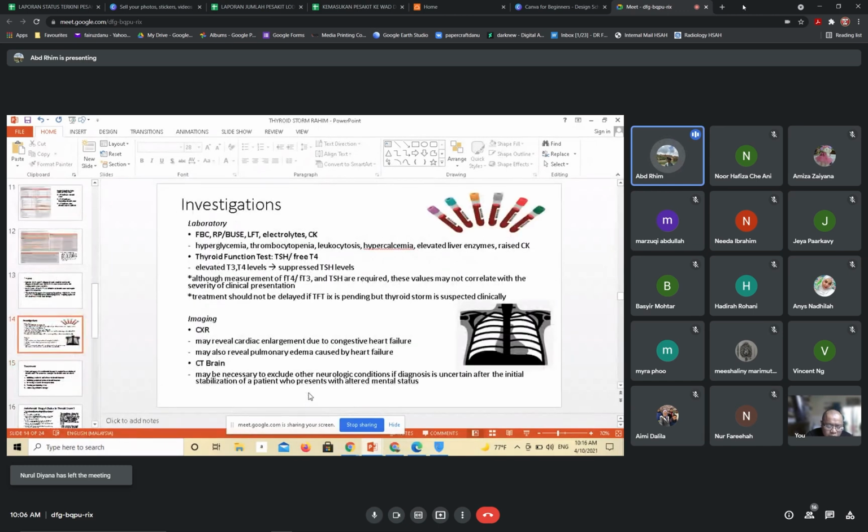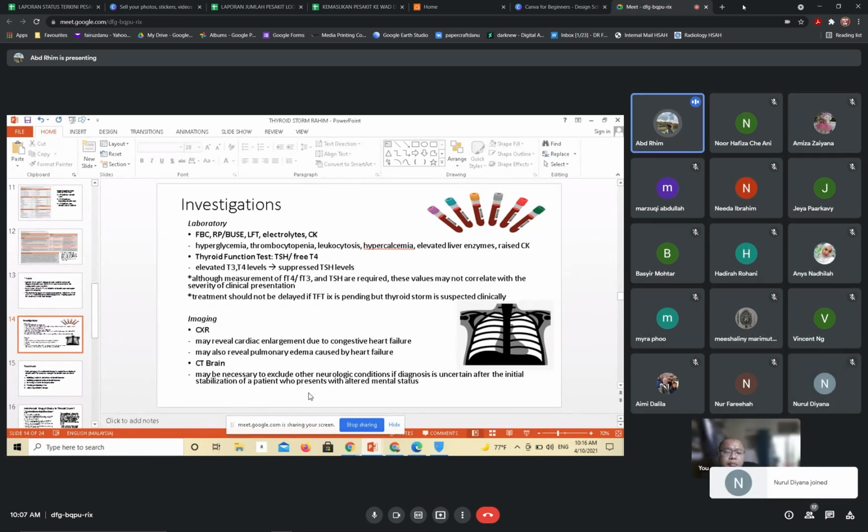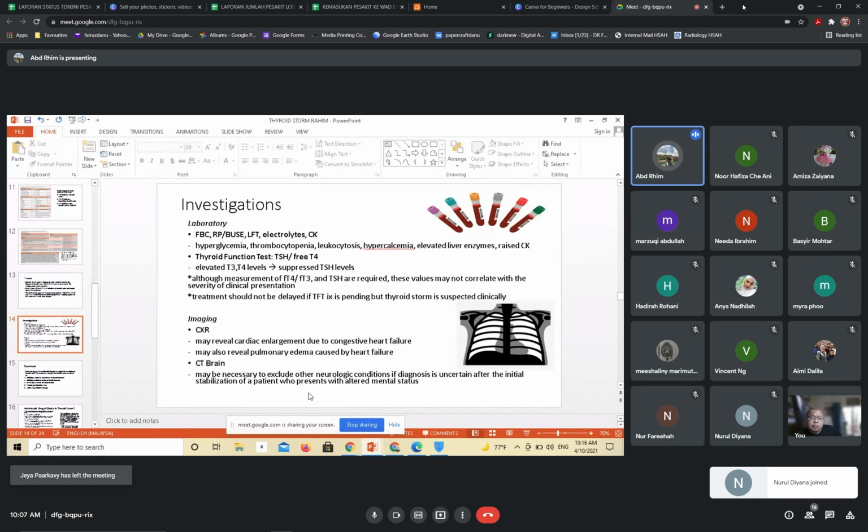So if a patient presents with suspected thyroid storm, the investigations include laboratory investigation and baseline blood investigation, including CK. The findings can be hyperglycemia, thrombocytopenia, leukocytosis, hypercalcemia, elevated liver enzymes, and raised CK.